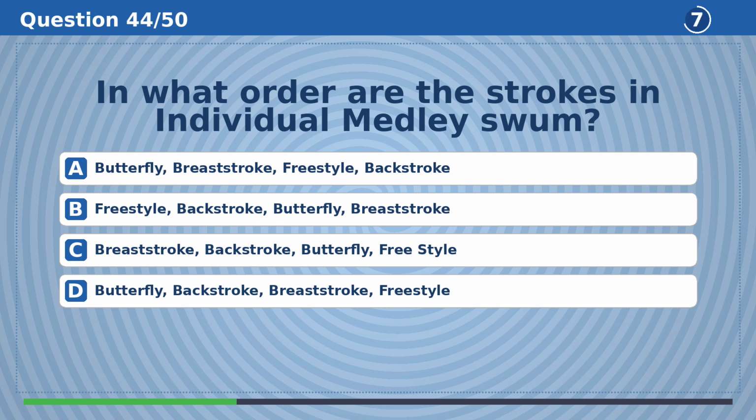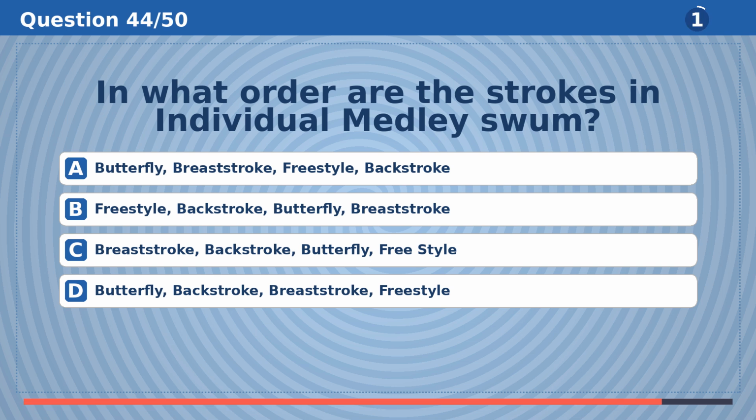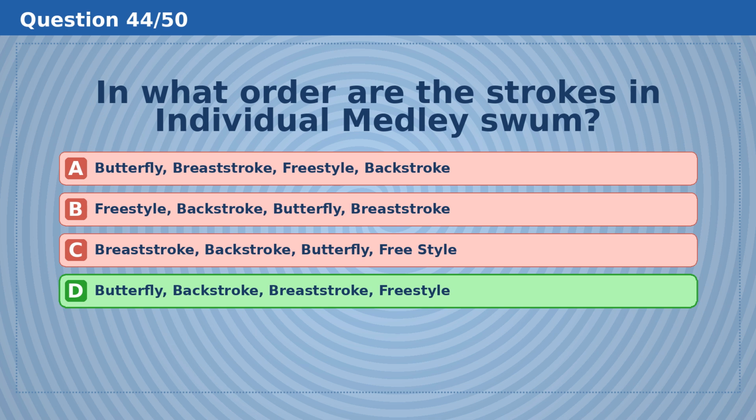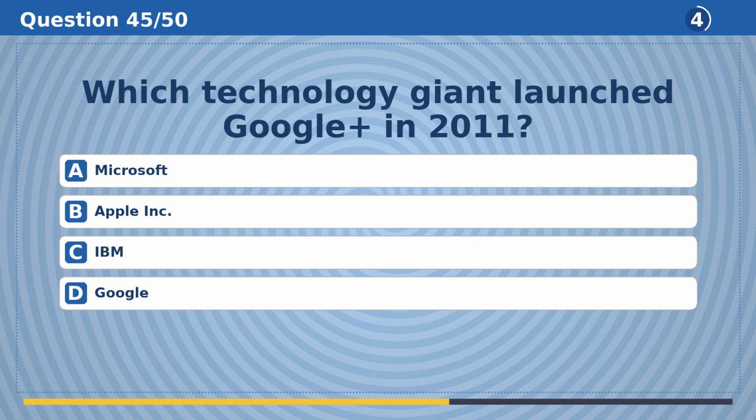The answer is B. Stalin. In what order are the strokes in individual medley swum? The answer is D. Butterfly, backstroke, breaststroke, freestyle.